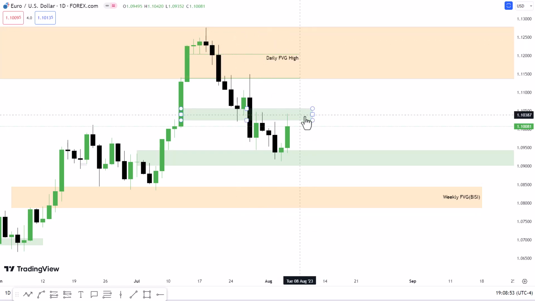Now why this zone? Remember, on a lower time frame, this is a fair value gap. So once it trades above it, it will become an inverse fair value gap. So once it trades above it, we're expecting price to gravitate toward buy side.